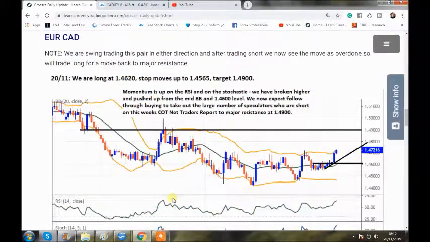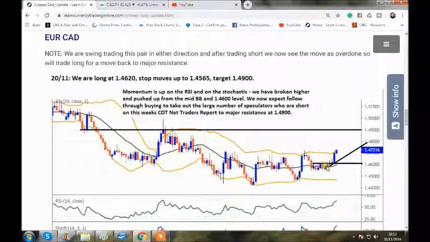Right, we're on Euro CAD, and in terms of the Euro, regular viewers know I'm pretty bearish of the Euro against most other currencies, but against the CAD, it was worth putting in the mix for a buy. A little bit of diversification, so to speak, and just buying the dip. So took that dip there, got stopped out, took that dip, got stopped out, but got profits out of both.